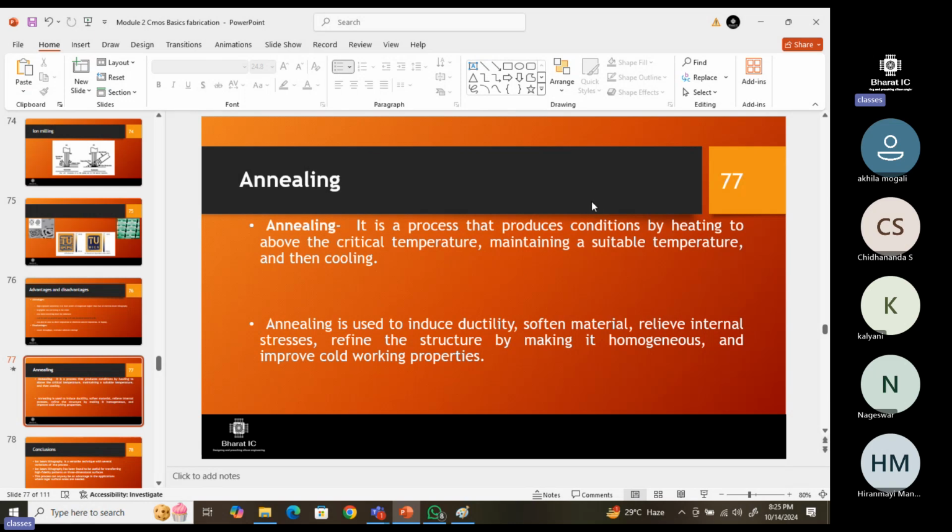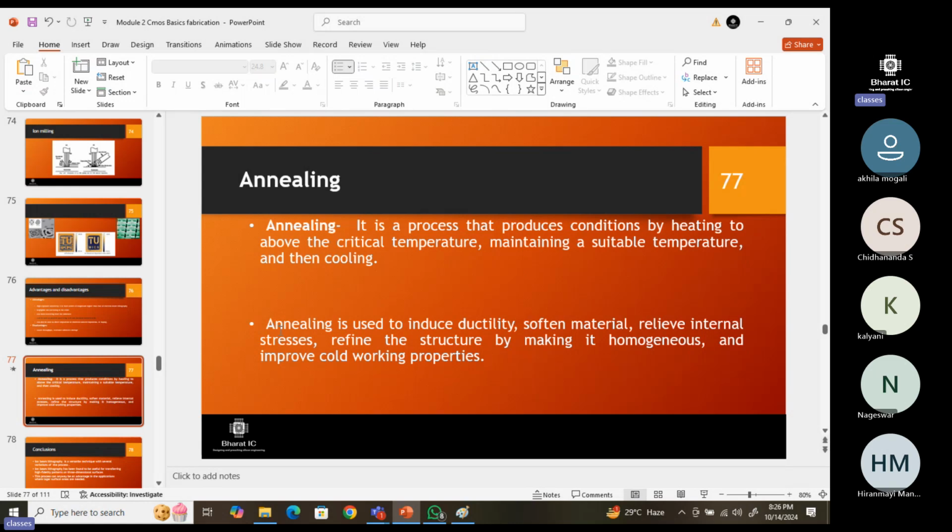Okay, annealing is used to induce ductility, soften material, relieve internal stress, refine the structure by making it homogeneous, and improve cold working properties. In the earlier slides, the pros of annealing were not there, so here you can see the pros of annealing.